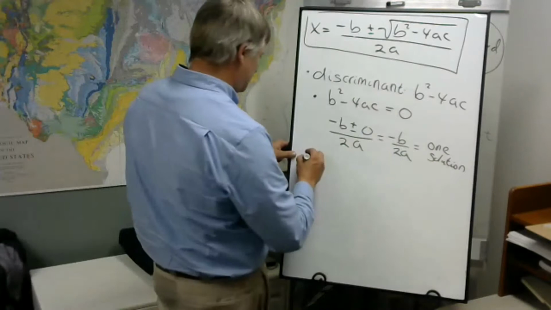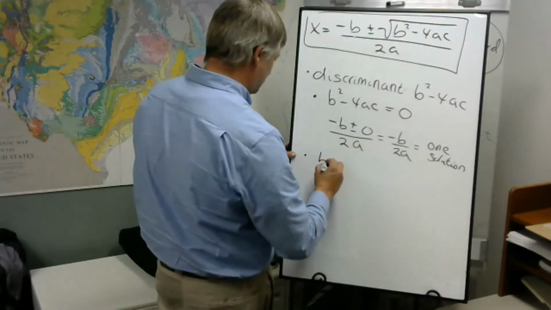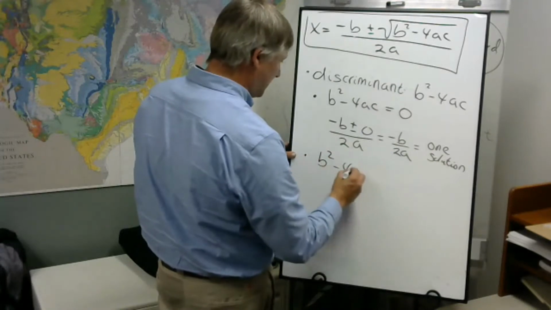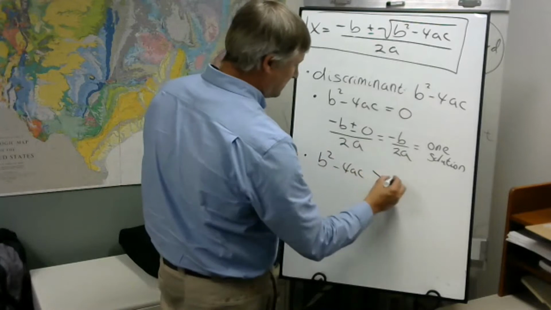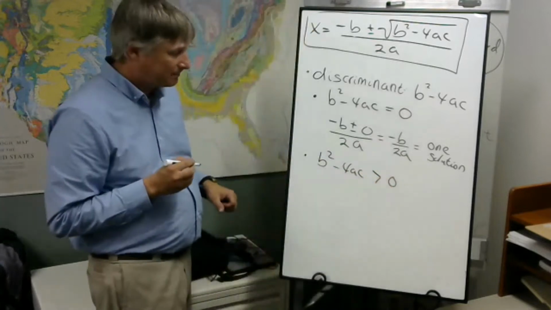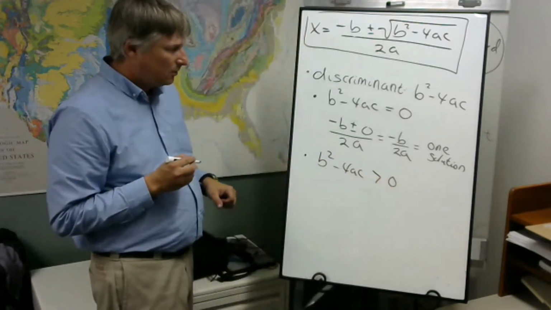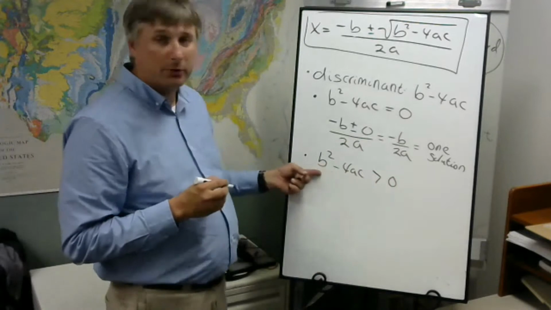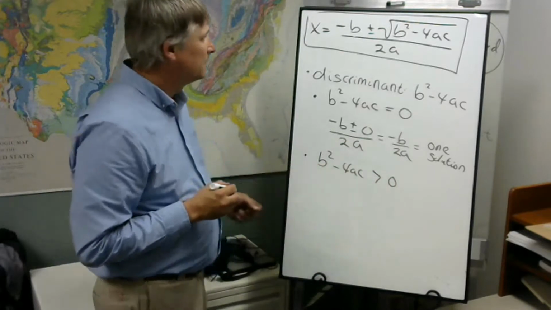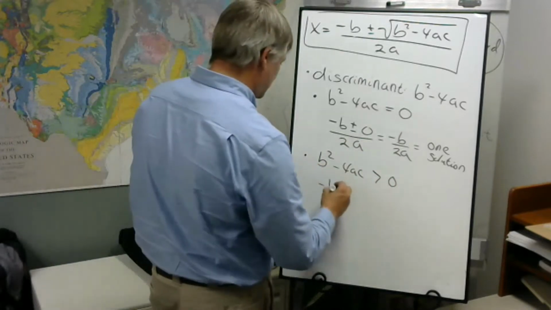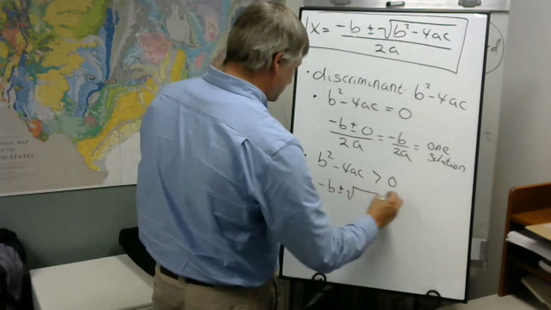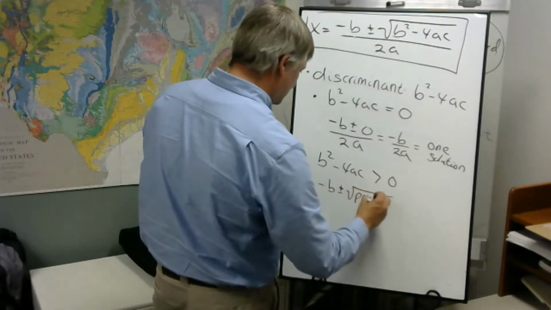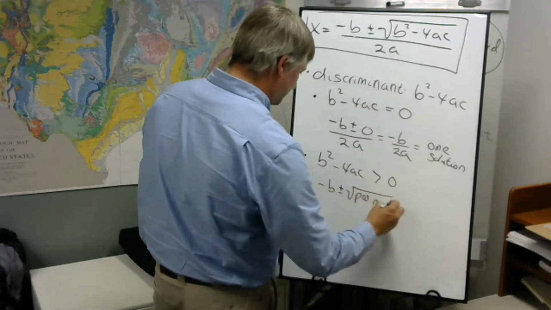Now let's say we have this. B squared minus 4ac is greater than 0. Well, that means we are taking the square root of a positive number. And so we get negative b plus or minus square root of a positive number.